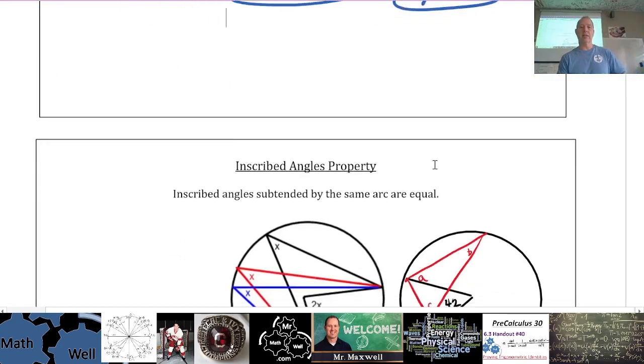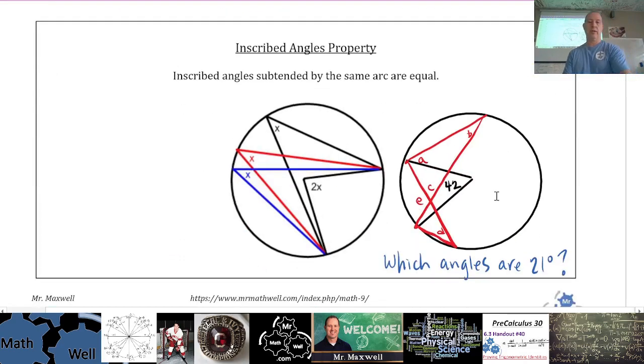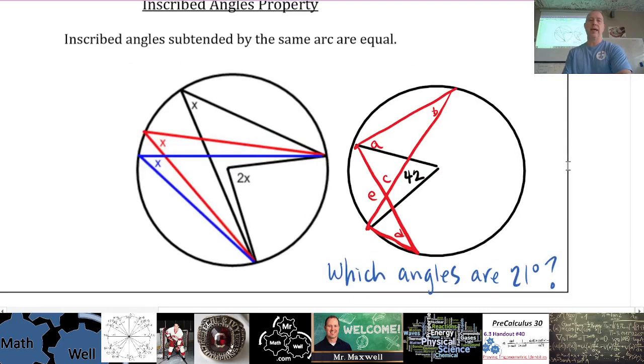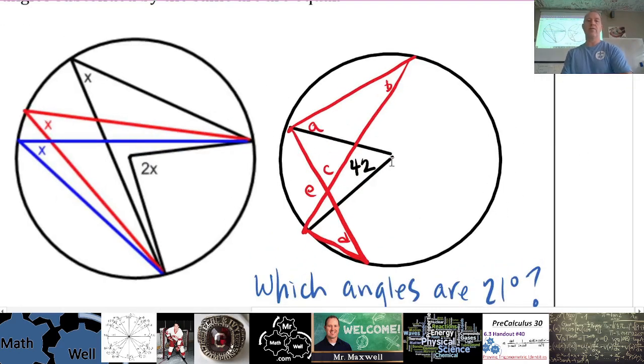Let's take a look at a little more difficult examples. The inscribed angles subtended by the same arc can have, as I mentioned a few minutes ago, a vertex that is anywhere on the circle, as long as the opening is the same as the central angle. See this opening here, or this arc is the same.